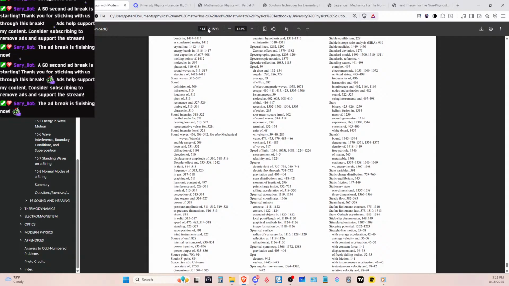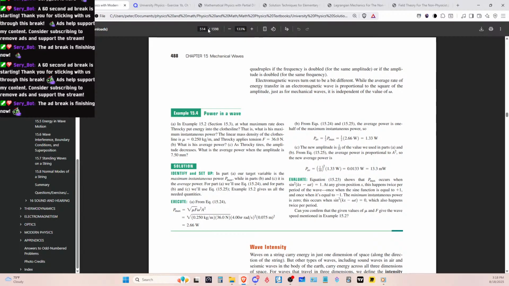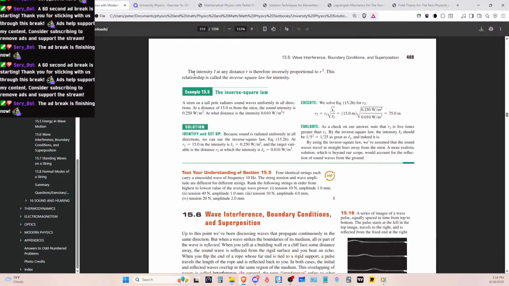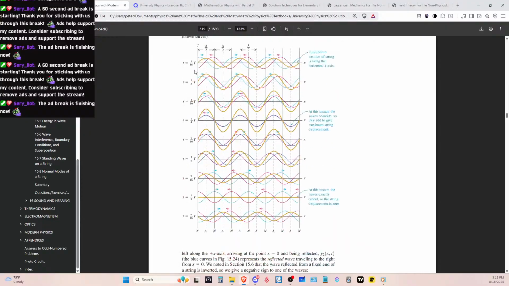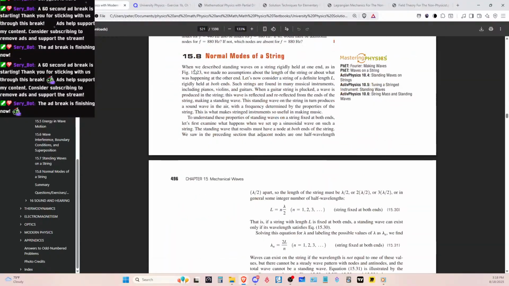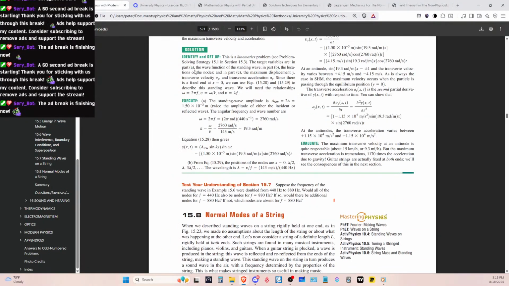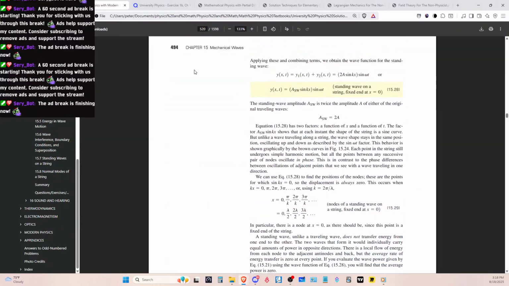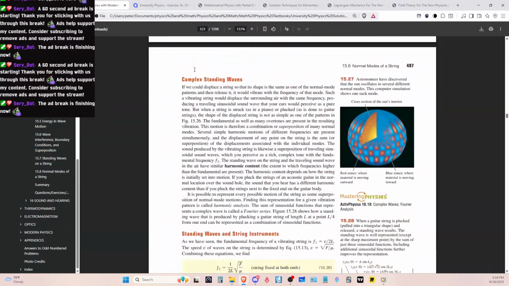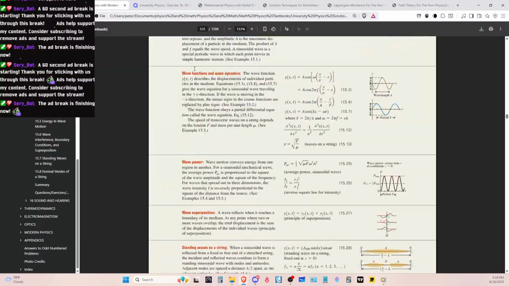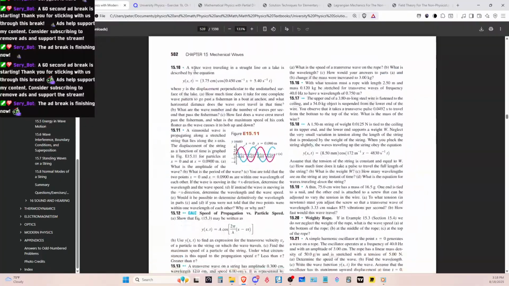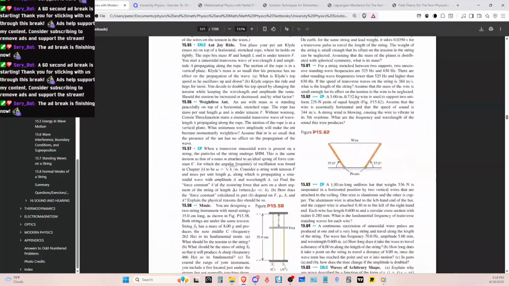I don't think it's going to lead me to the right page, but okay, this one's far, so we're going to have to go all the way down. Oh, it's not even here. It's not even in this chapter.